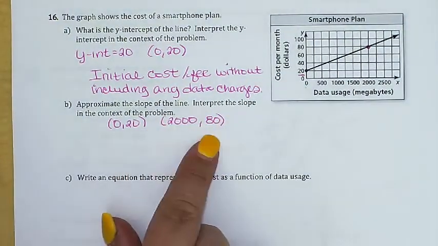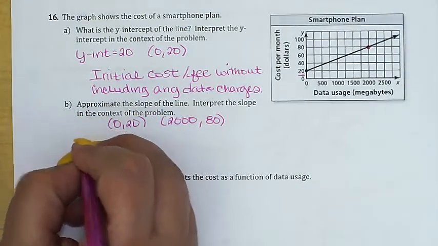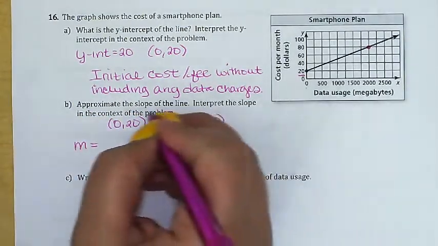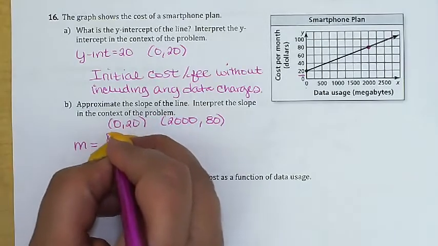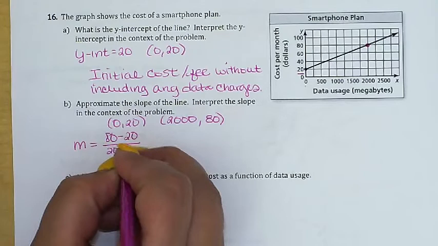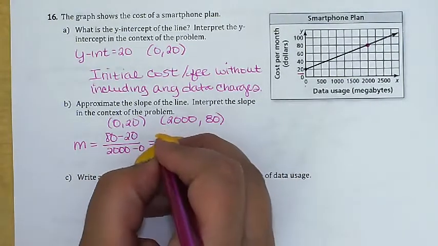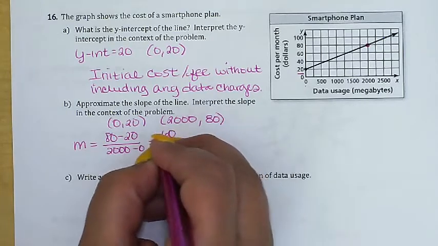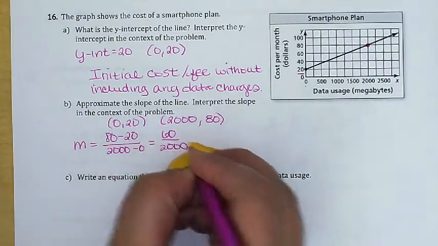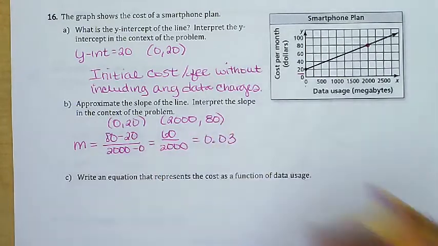Okay, so that gives me 2 points, and when I have 2 points, I can definitely find the slope because I can use the slope formula. So let's see, the change in our y values over the change in our x values. 80 minus 20 is 60 over 2,000. And if I divide that out, it comes out to 3/100ths, or probably 3 cents, right?